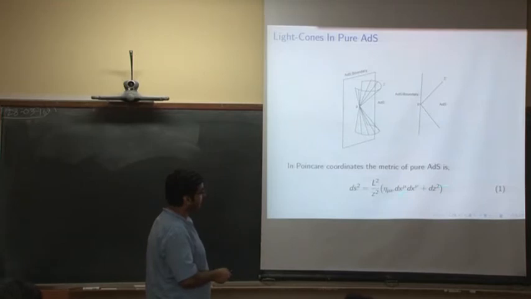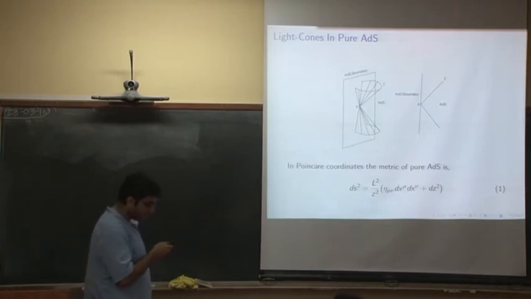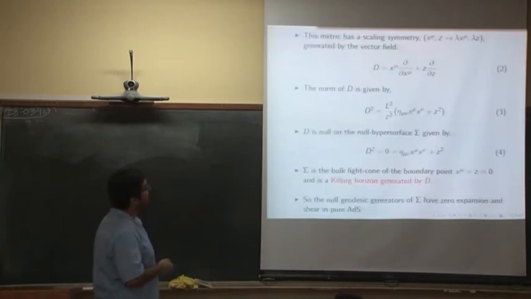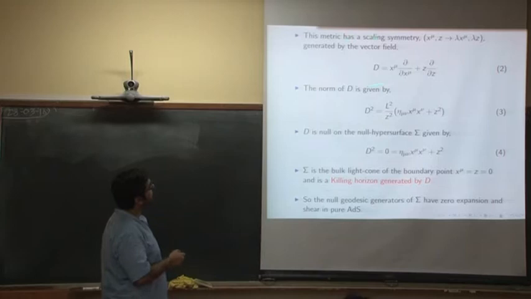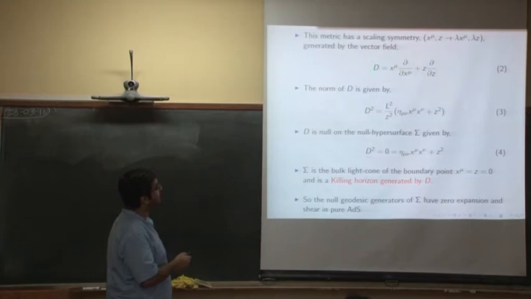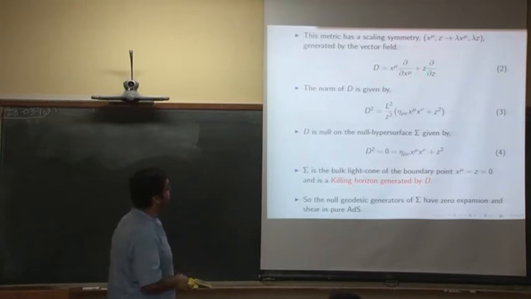If you rescale x and z by the same quantity, then this metric does not change. There is a corresponding Killing vector field, D, which has the form x^μ ∂_μ + z ∂_z.